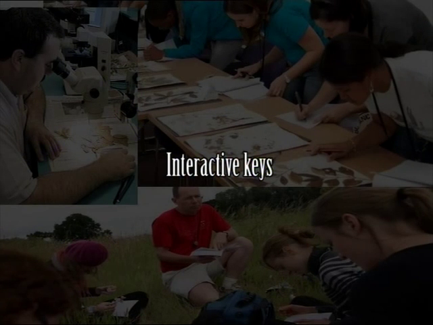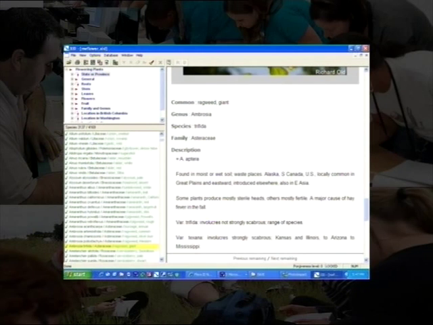An interactive key is an interactive computer program in which the user enters attributes, that is, character state values of the specimen. The program eliminates taxa whose attributes do not match those of the specimen. This process is continued until only one taxon remains.